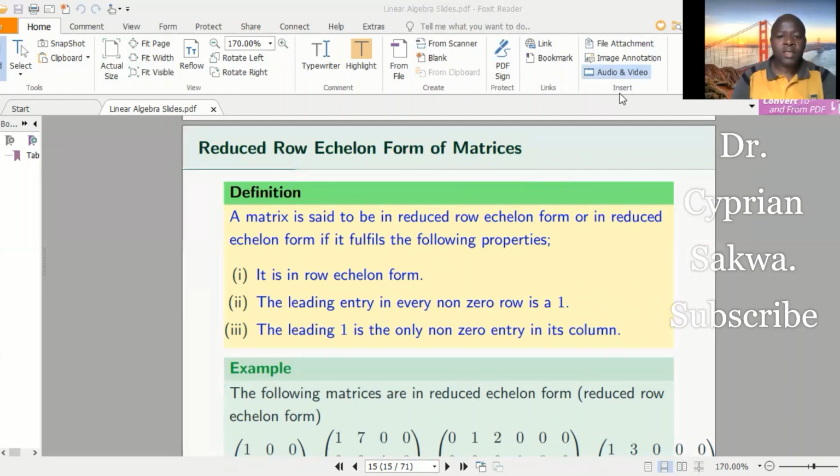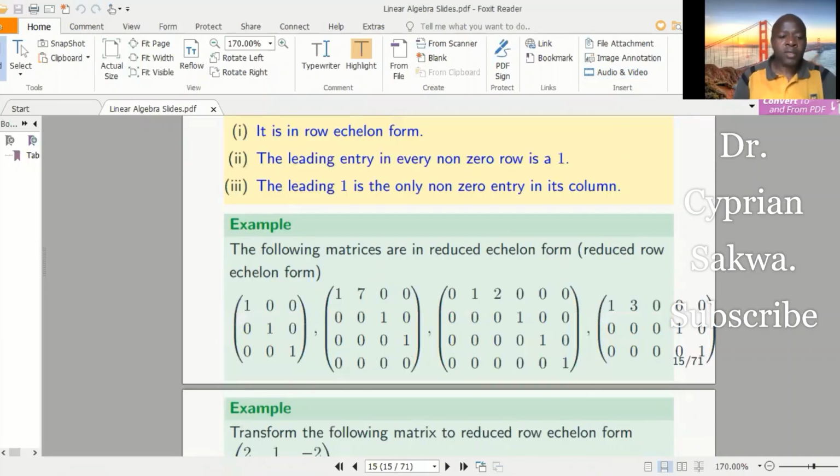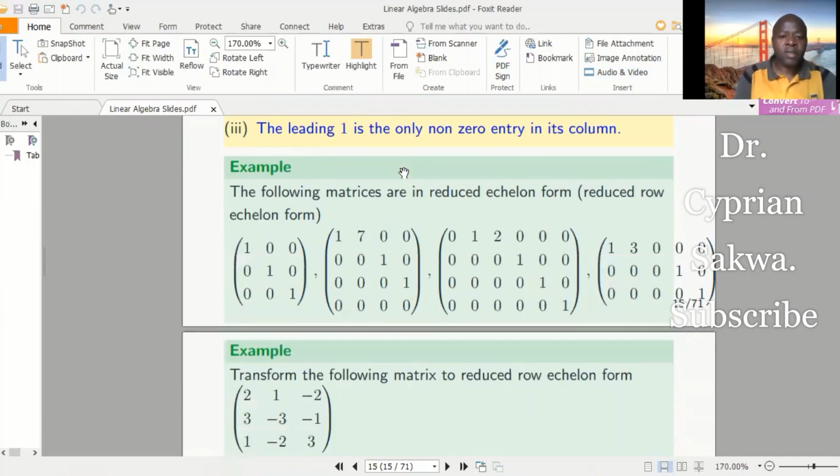So let's look at examples of matrices that are in reduced row echelon form. The first example is this, and I'm just going through the properties. The first property is that every non-zero row has 1 as the leading element. So I have this non-zero row, its leading entry is 1.